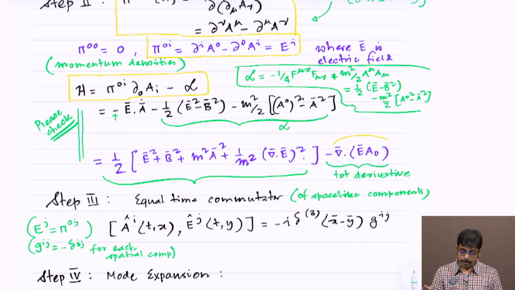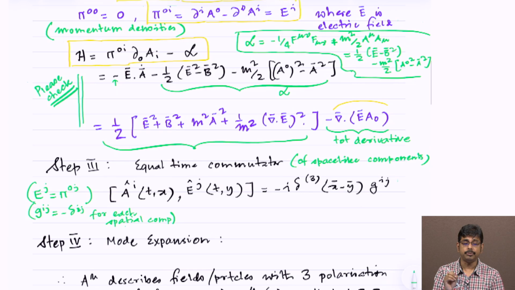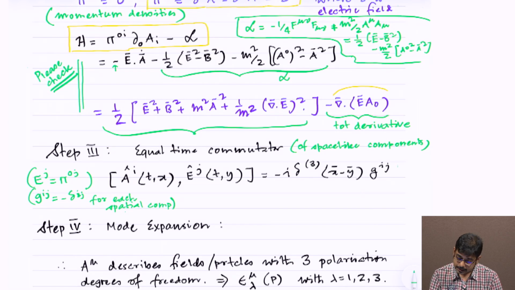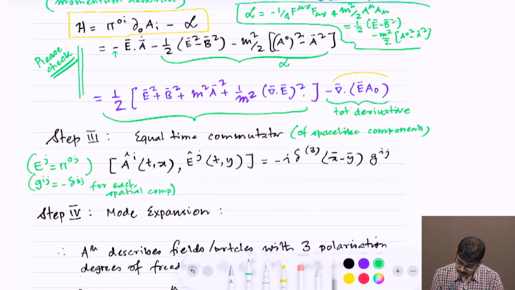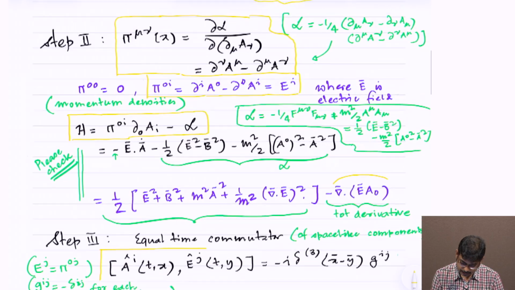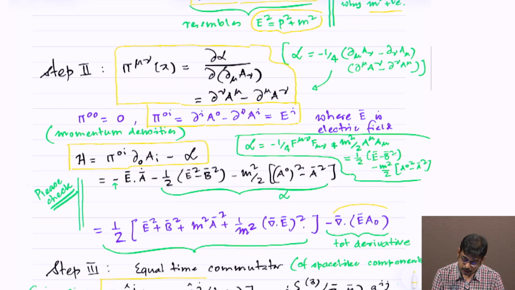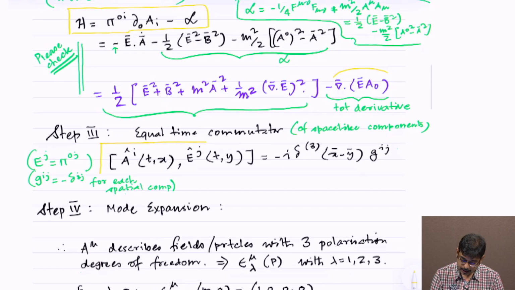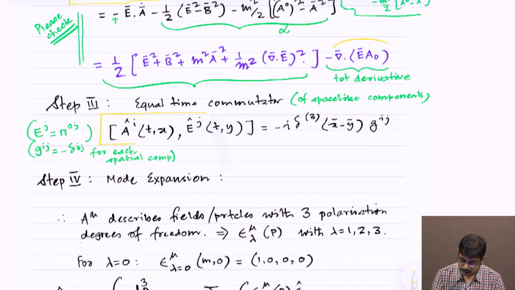Okay, so once we have been able to write the Hamiltonian, now the point will be to impose the equal time commutator relation. Just because in this whole process we have made this A0 go to 0, we do not have A0 in this expression. So, the equal time commutator relation is imposed on A I, that is the field, and you remember that when we computed the conjugate momentum, the pi is essentially the electric field E I. So, I would impose this equal time commutator.